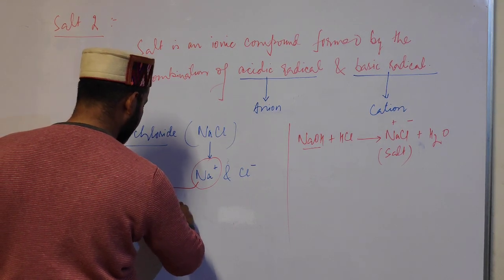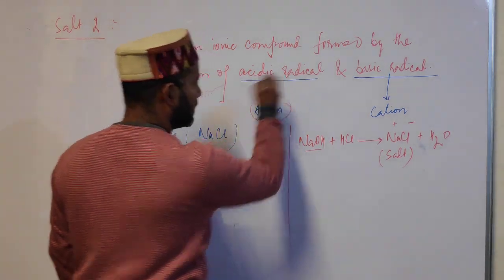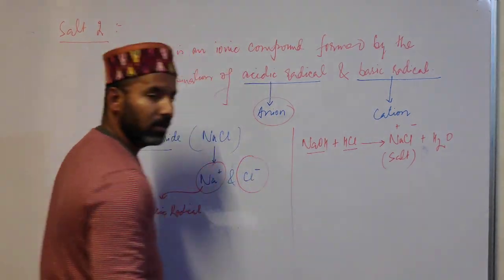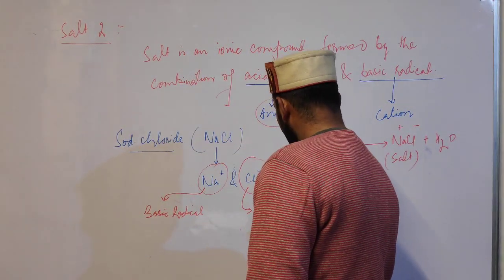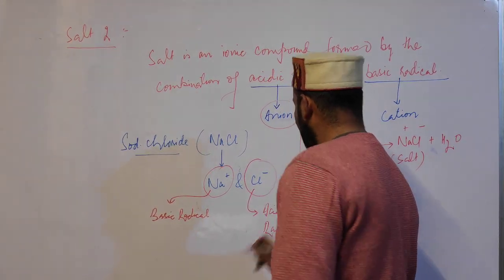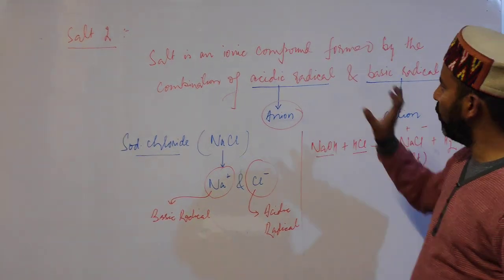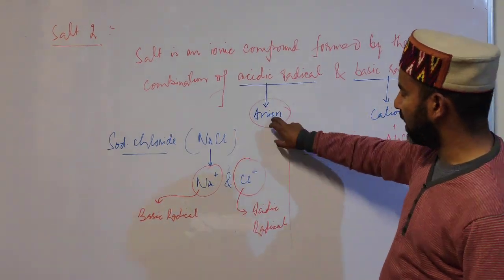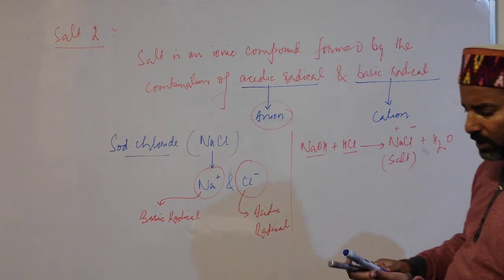So the cation is therefore called the basic radical, and the anion is the acidic radical, because from where is chloride coming? Chloride is coming from the acid. So this chloride is called the acidic radical. So students, according to this definition, every salt is actually an ionic compound which is formed by the combination of acidic and basic radical. The acidic radical is the anionic part, and the basic radical is the cationic part of the salt. We can have other examples also.